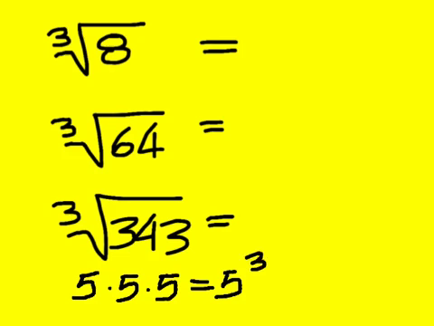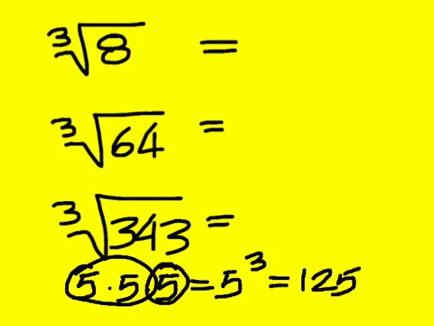The answer is not 15. What's 5 times 5? 25. 25 times 5? 125. So 125 is a perfect cube. 5 is a cube root.